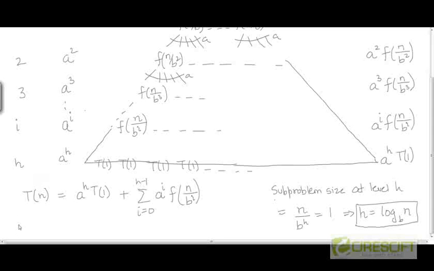If that's the case, then what is the value of a to the power h? A to the power h is the number of nodes at the bottommost level. So a to the power h is going to be a to the power log of n base b, which in turn is going to be, we can swap a and n here, n to the power log of a base b.